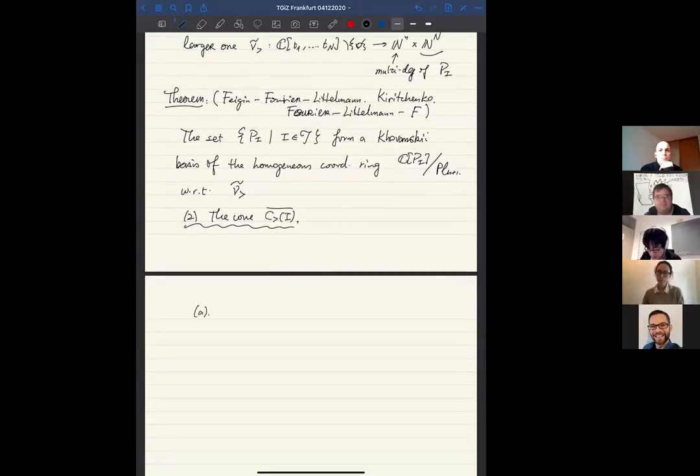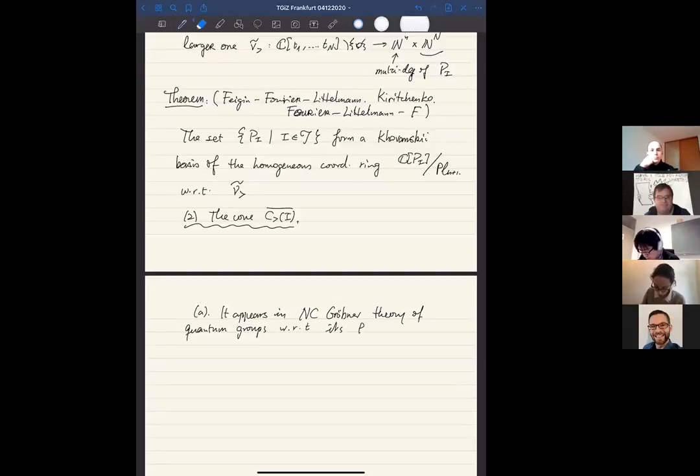The first, it appears in the non-commutative Gröbner theory of quantum groups, with respect to its quantum PBW generators.